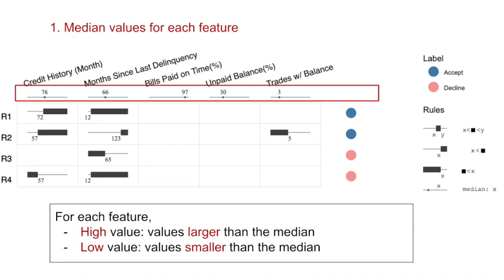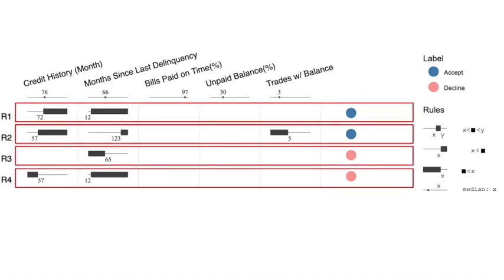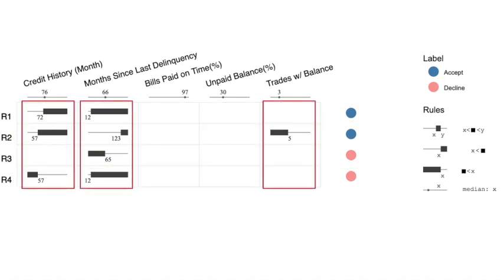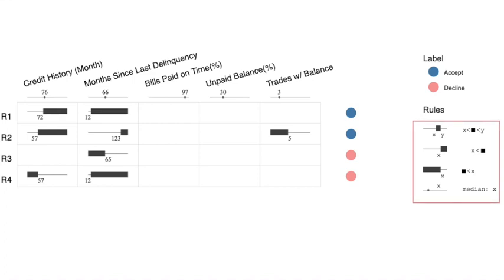In this diagram, we have four rules, R1, R2, R3, and R4, each row is a rule, and each column represents a feature. For each rule in a row, the condition is placed at a specific column according to the feature it uses. As demonstrated here, a blue circle represents a suggestion of accept, and a red circle represents a suggestion of decline. Here we use a black rectangle marked with values to represent the condition.